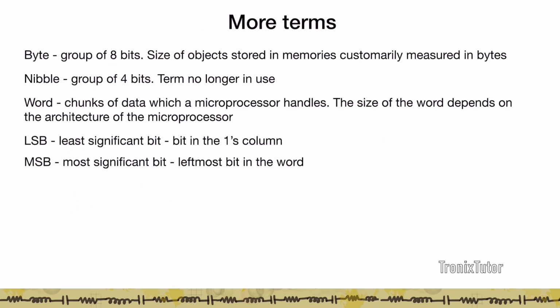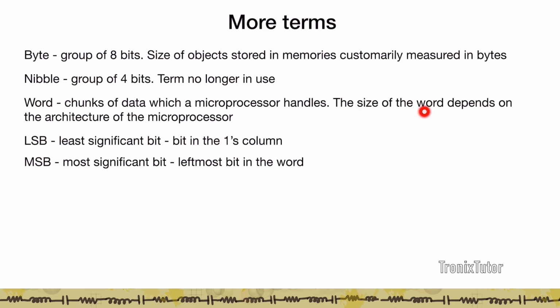A couple more terms to keep in mind as we go through digital design. A byte is nothing but a group of 8 bits. A byte is commonly used to denote the size of memories, so whenever we measure the size of a memory, we normally denote it in bytes. In olden times they used the word nibble, which is not of much use, and is basically half of a byte. A word, or a digital word, is a chunk of data which the microprocessor handles.